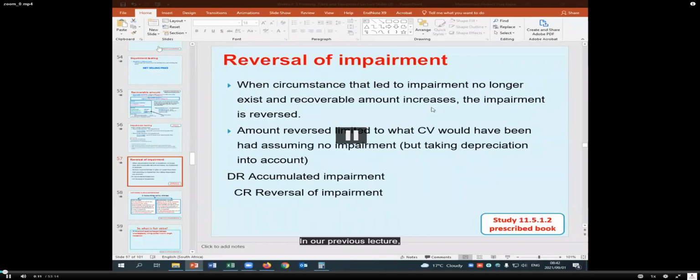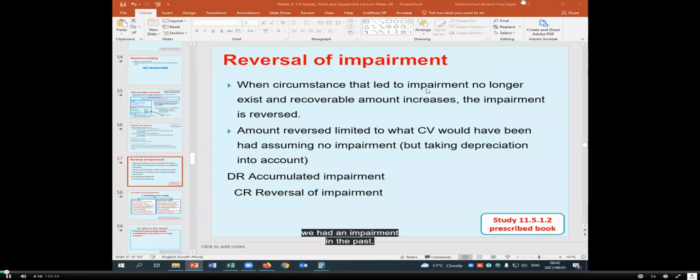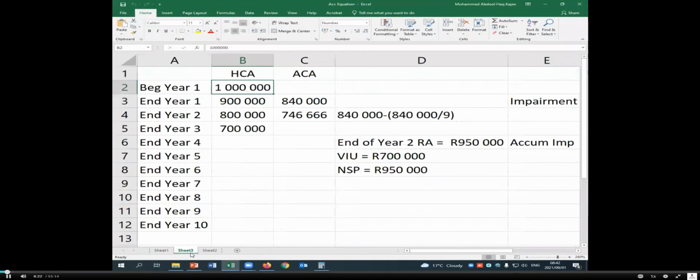In our previous lecture, we had discussed where we had an impairment in the past, and the circumstance the next year had led us to understand that the impairment didn't exist anymore.